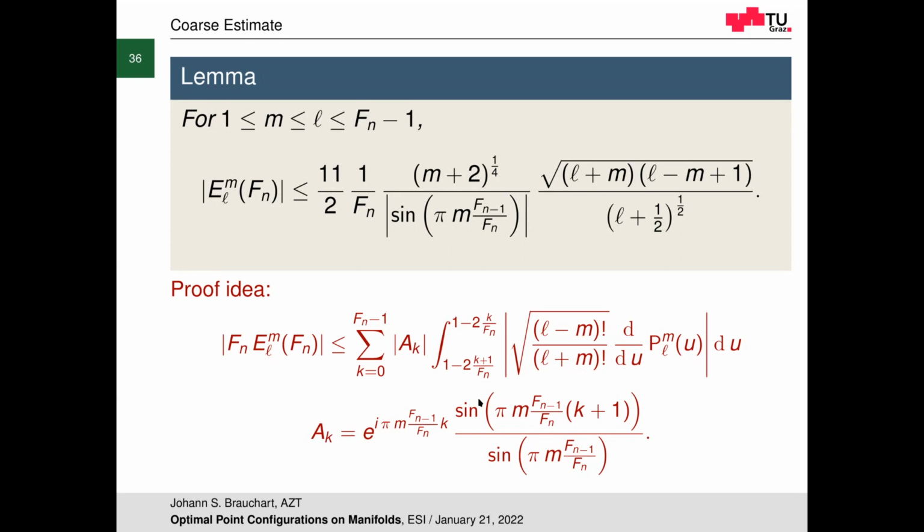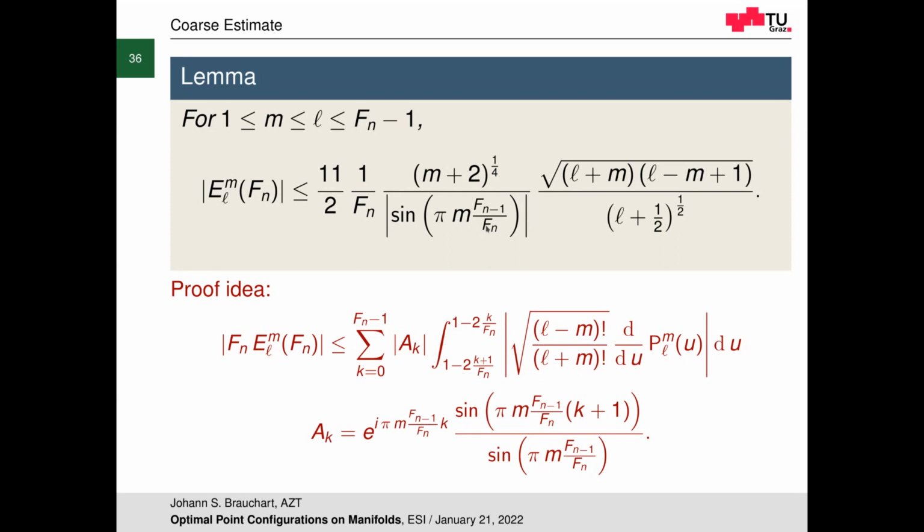And then we have to estimate this. These sums of exponentials can be given in closed form. In my coarse estimate, I'm doing the simplest form of estimate: I'm estimating this part in absolute value by 1 and end up with this here.